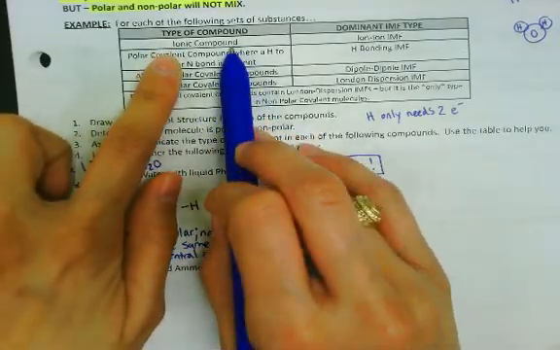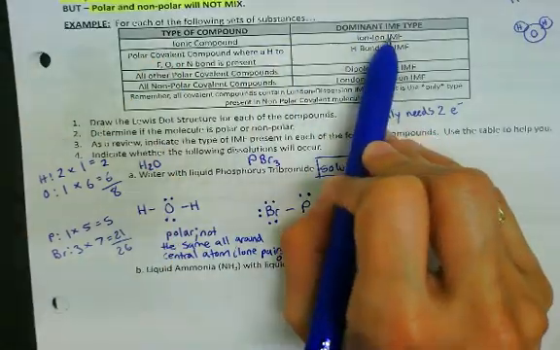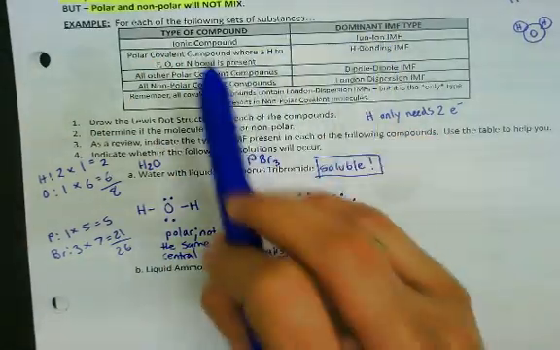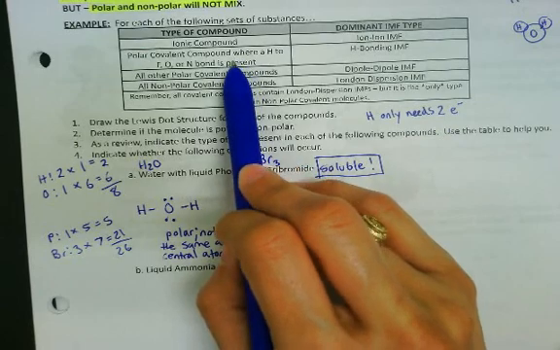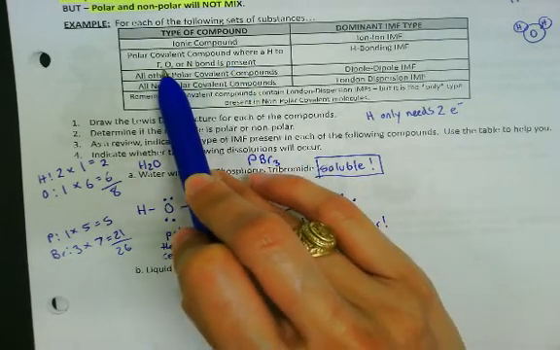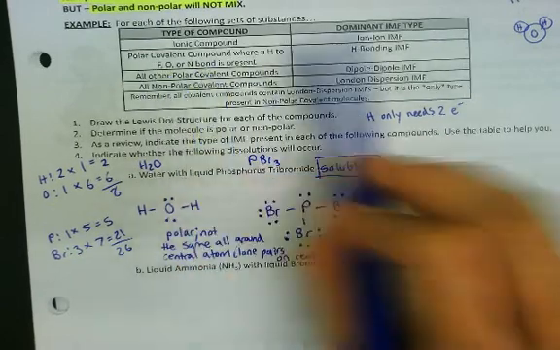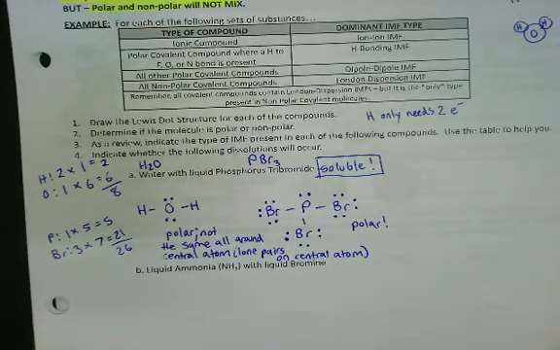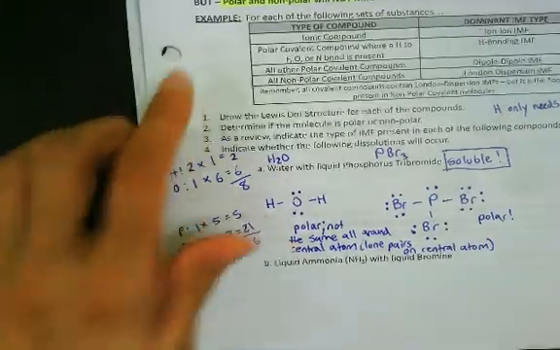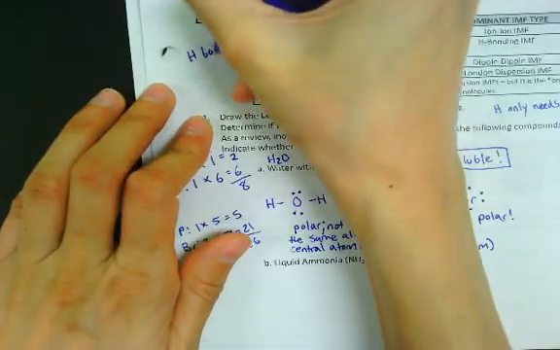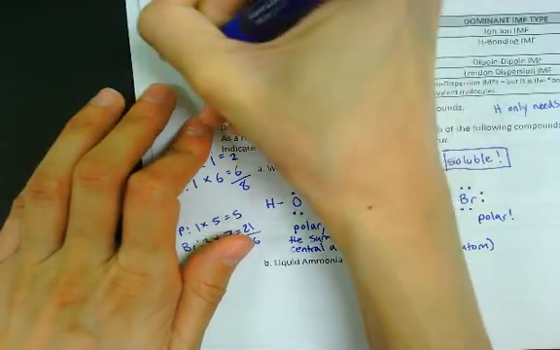If you have an ionic compound, the dominant intermolecular force is the ion-ion IMF. If you have a polar covalent compound where H is bonded to an F, an O, or an N, then the dominant IMF is hydrogen bonding. I like to remember the phrase "hydrogen bonding is fun."